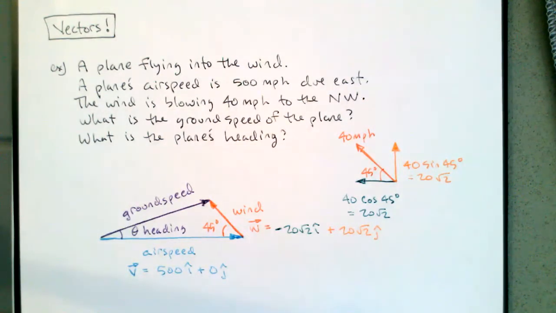Now, if we want the sum of those two vectors, I just need to add the corresponding components.